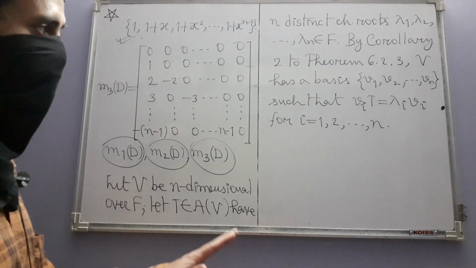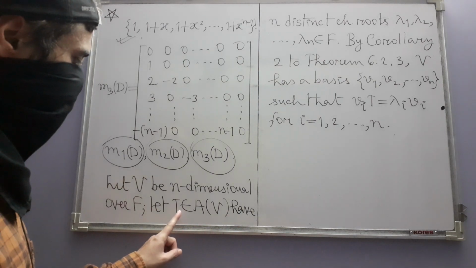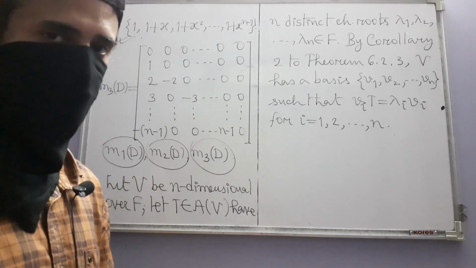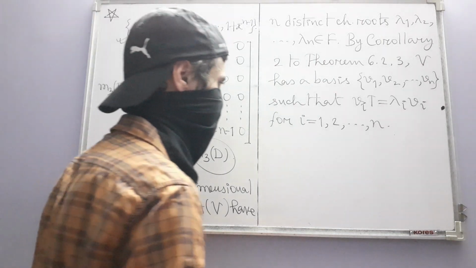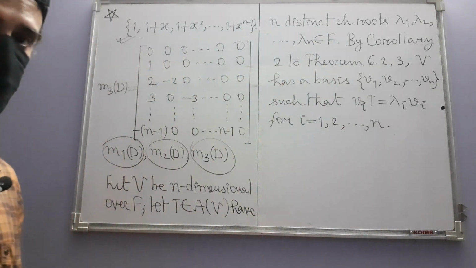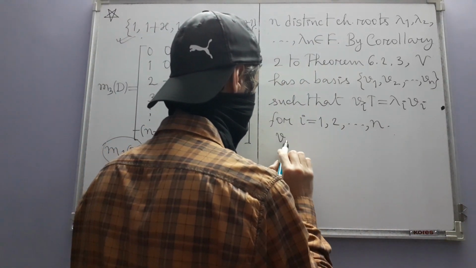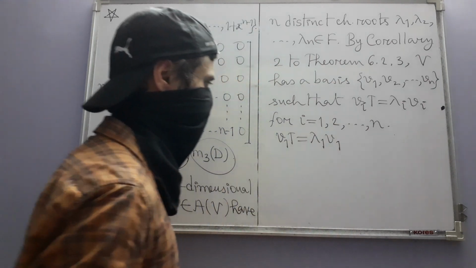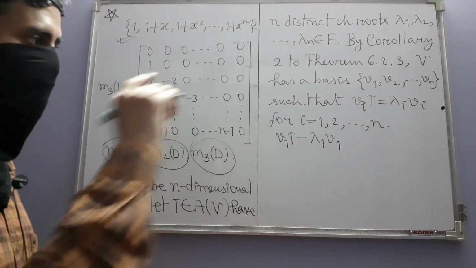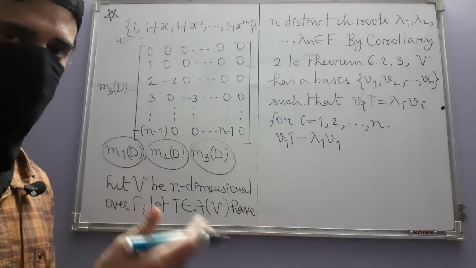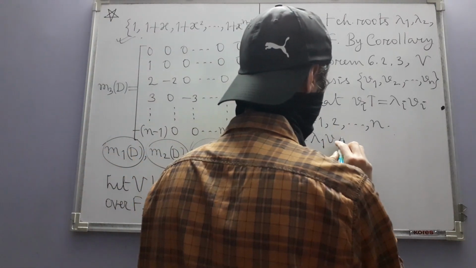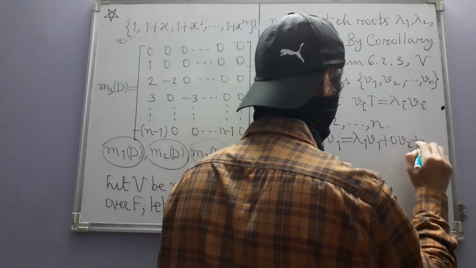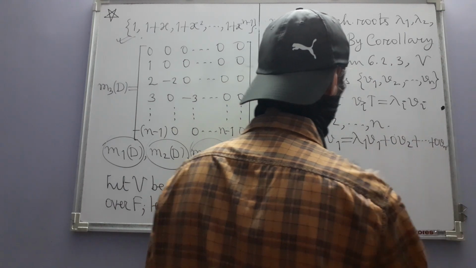Now if one tries to find the matrix of T with respect to this ordered basis, what shall we get? Are we going to get something special? Yes. So what is V1 T? V1 T is lambda 1 V1. If you write it as a linear combination of these basis vectors maintaining order, it looks like this: lambda 1 V1 plus 0 V2 etc. plus 0 Vn.